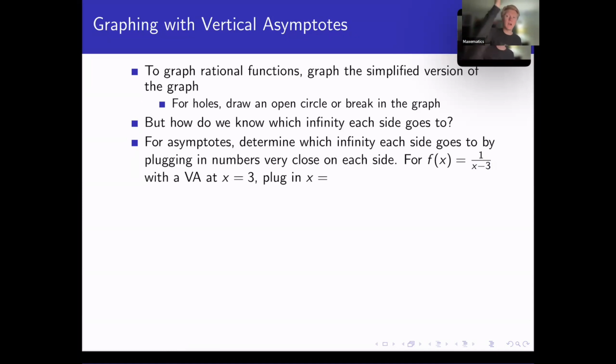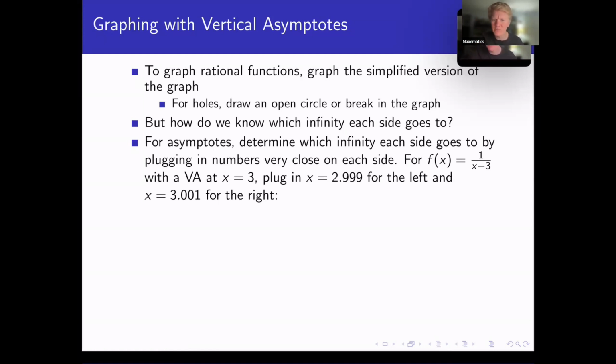Are we going up as we approach 3 or down as we approach 3? And likewise, when we approach 3 from the right, are we going up or are we going down? So what we're going to do is plug in numbers really, really close to 3. So for example, you would plug in something like 2.999 for the left and 3.001 for the right.